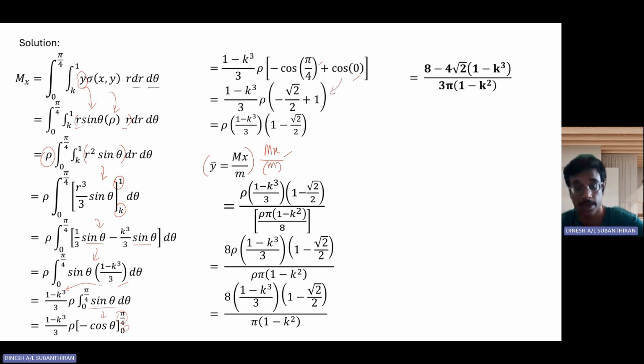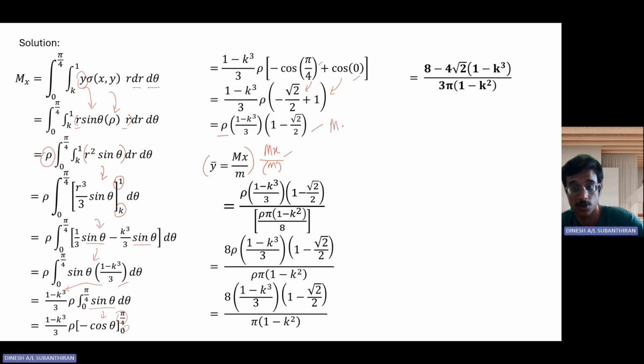Cos 0 will be 1 and negative cos π over 4 will be negative square root 2 over 2. And the value of Mx will be rho in brackets 1 minus k cubed over 3 and another bracket 1 minus square root 2 over 2.